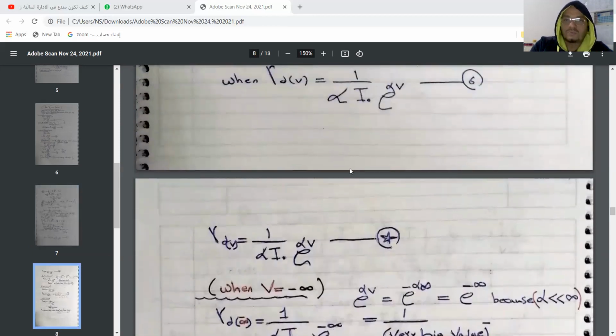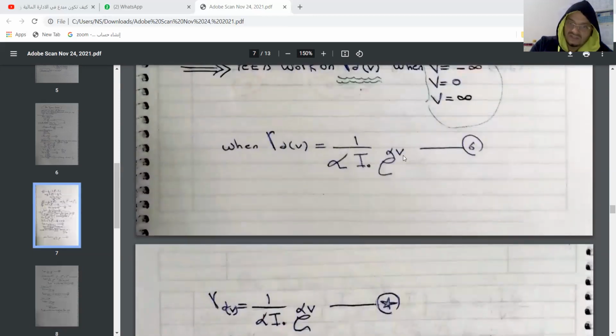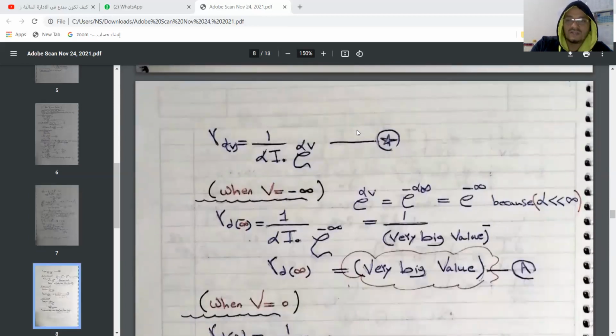Because when we put minus infinity, this side will be a very huge, big amount, and after that I will put it up to be a positive amount.